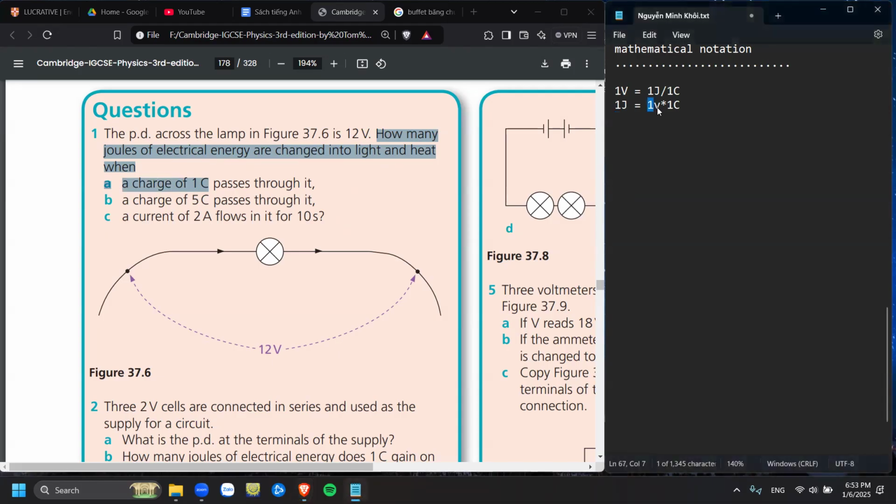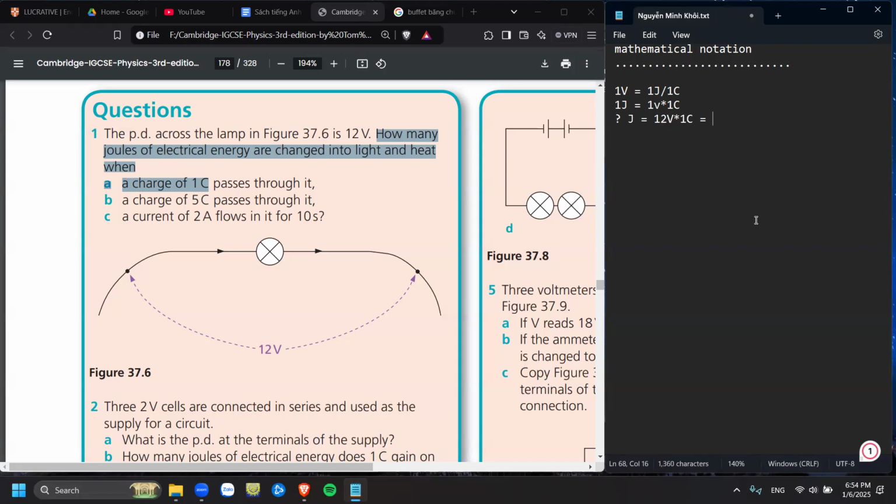So you know you have 12 volts to begin with and one coulomb. How much energy is that? How many joules? 1 volt equals 1 joule.